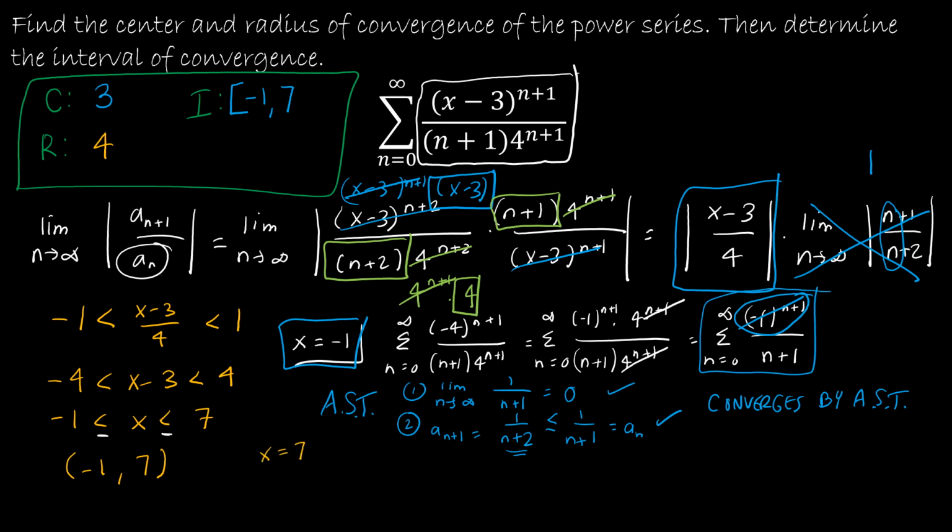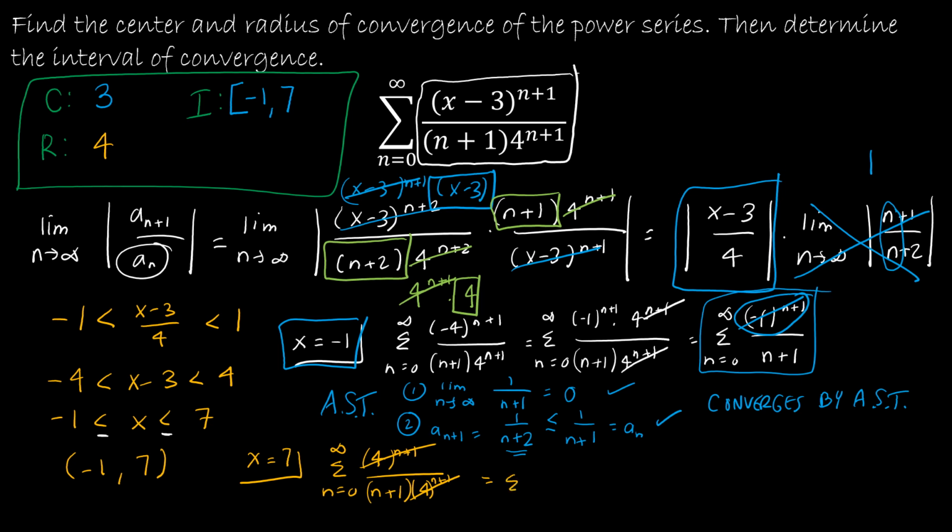x equals 7. When I plug in x equals 7, I'm going to move that down a little bit. We're going to try to fit this all on one page because we're that brave. So the summation as n goes from 0 to infinity, I'm replacing x with 7, which gives me 4^(n+1) divided by (n+1) times 4^(n+1). 4^(n+1) obviously cancels.